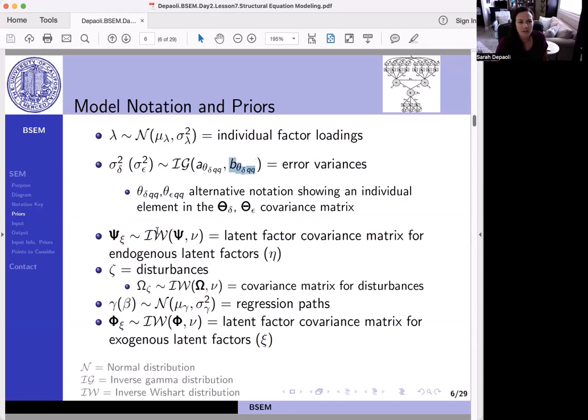And then if we were to have an entire covariance, which we see potentially one here, here, and here, we can use a multivariate prior called an inverse Wishart prior. And that prior has hyperparameters. The first one is a positive definite matrix. The second one is a degrees of freedom hyperparameter.